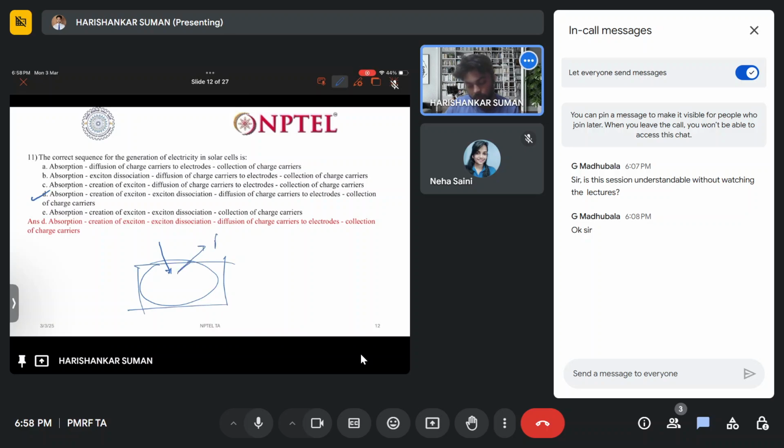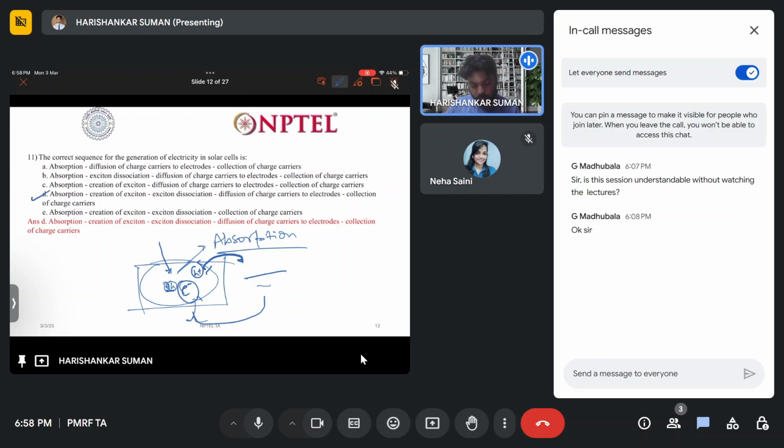First is absorption, then creation of exciton, they get energy, then get excited, then dissociation to the respective electrode, then collected by the electrode.